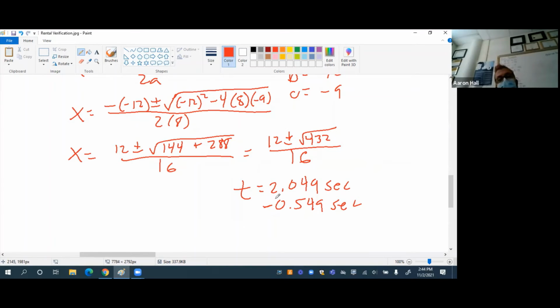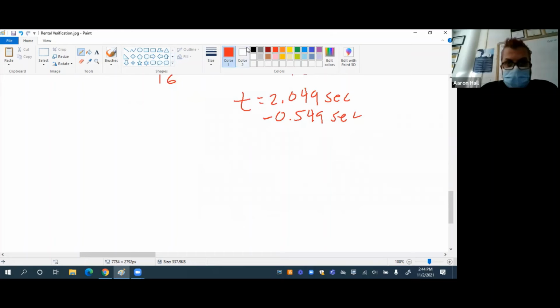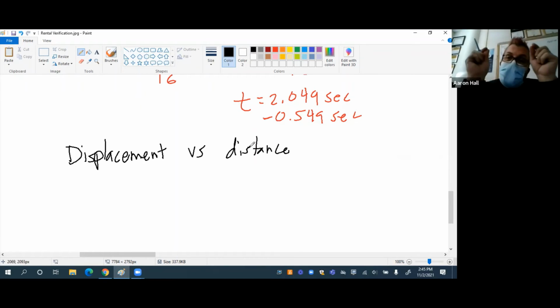So, questions? Good. What's the difference between distance and displacement? Yeah. So when we talk about a displacement, we are talking about the distance between you and the origin.